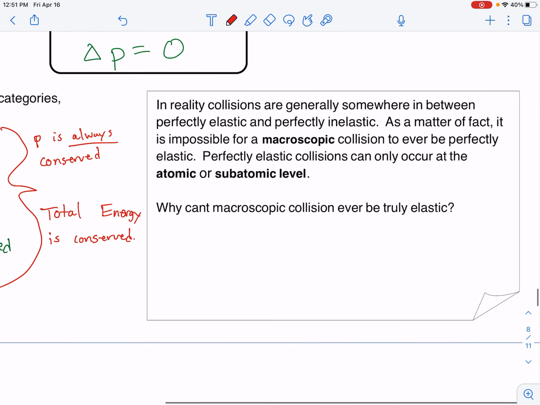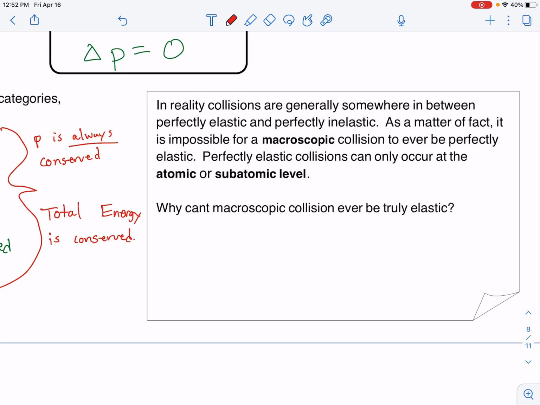Right. So that's talking about perfect situations. And the reality is no collisions are going to be perfectly elastic or perfectly inelastic; they're somewhere in between. The only times we'll see this are at the atomic or subatomic level. Now think about why. Where are we losing some of that momentum and energy to?